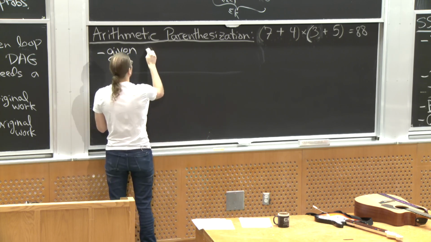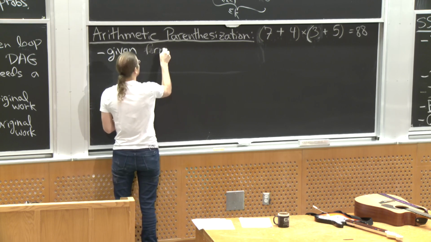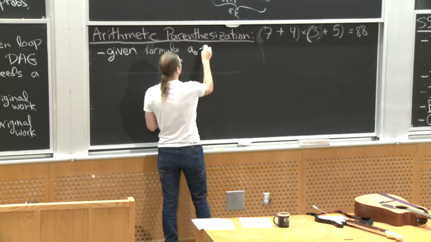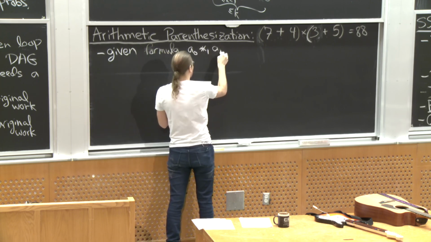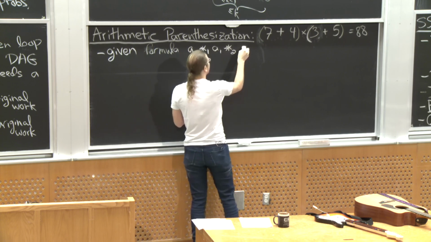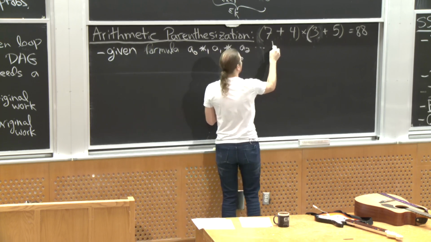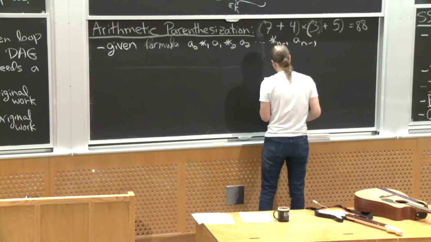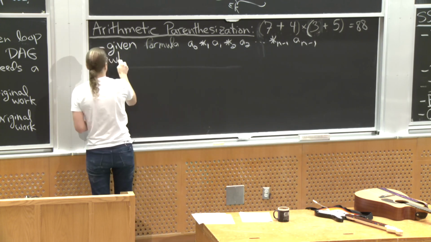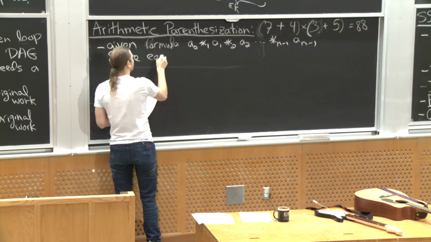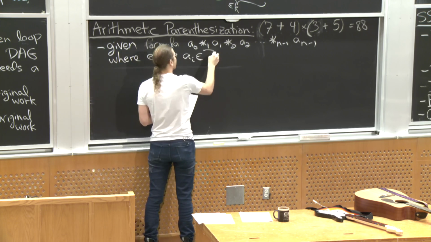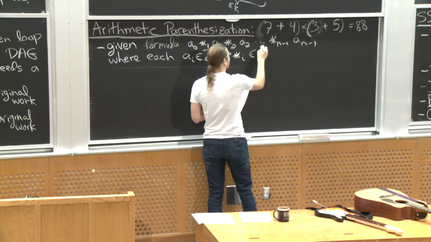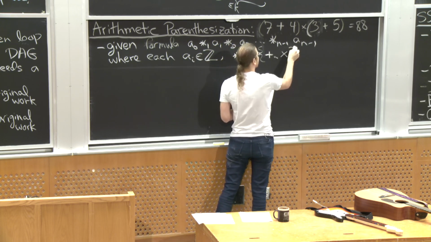So given a formula A0 star 0, A1, star 1, A2, and so on, up to star n minus 2, A n minus 1, where each A_i is an integer, as we like in this class, and each star_i is either plus or times.